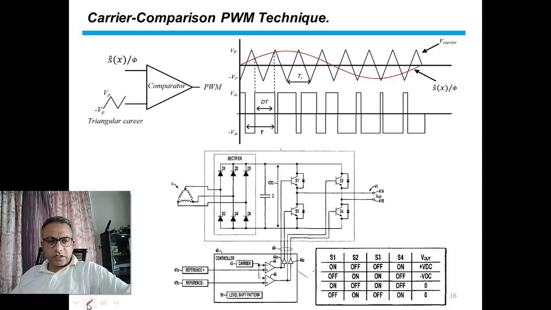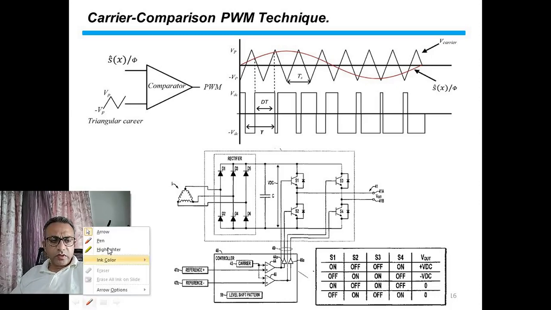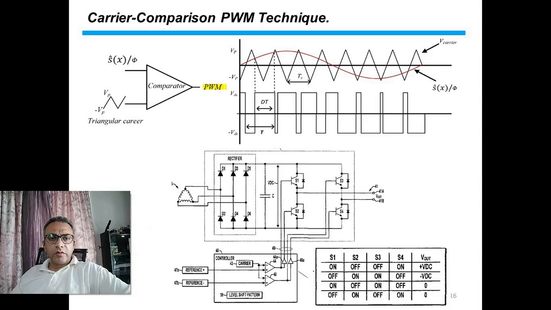So in this technique, we use a comparator. The comparator will compare two waveforms, and an output will be produced, and this output will be a PWM output. The output will then be fed to the single phase or even three phase DC to AC converter.